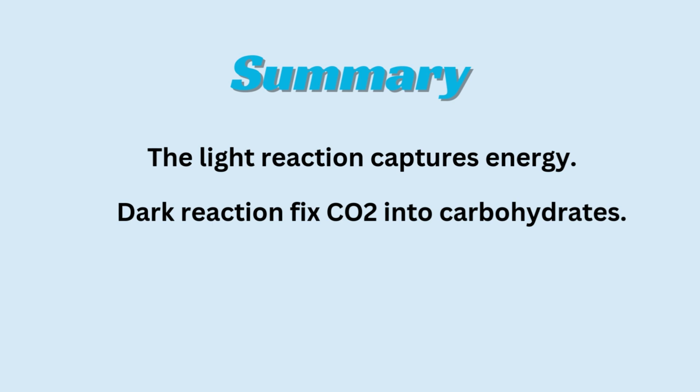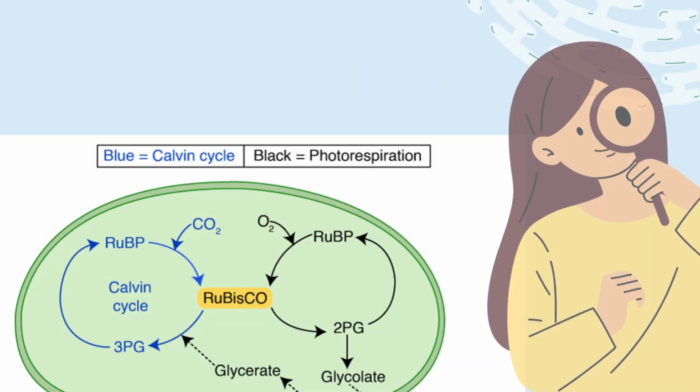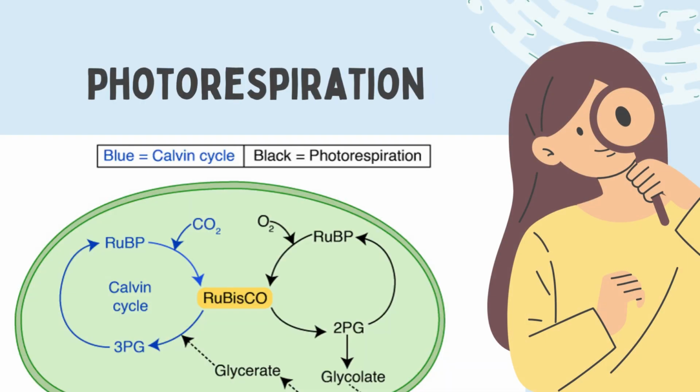But photosynthesis has a problem, and this is where photorespiration comes in. Photorespiration is a process in which oxygen combines with ribulose bisphosphate in the presence of sunlight. Instead of fixing carbon dioxide, the enzyme ribulose bisphosphate carboxylase oxygenase, commonly called rubisco, mistakenly binds oxygen, and this produces carbon dioxide instead of carbohydrates or glucose.